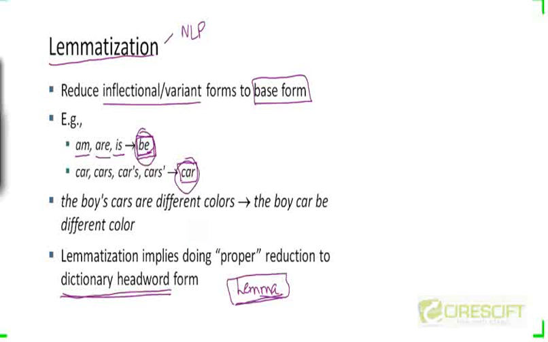Does this happen to the entire document, this lemmatization? Yeah, so this is again part of the linguistic module. What's happening is that if the document had this particular sentence, tokenization would split this sentence along white spaces. We are assuming a simple tokenizer here, so assume that every word is a token in its own right. And after tokenization, each of these words would get normalized.